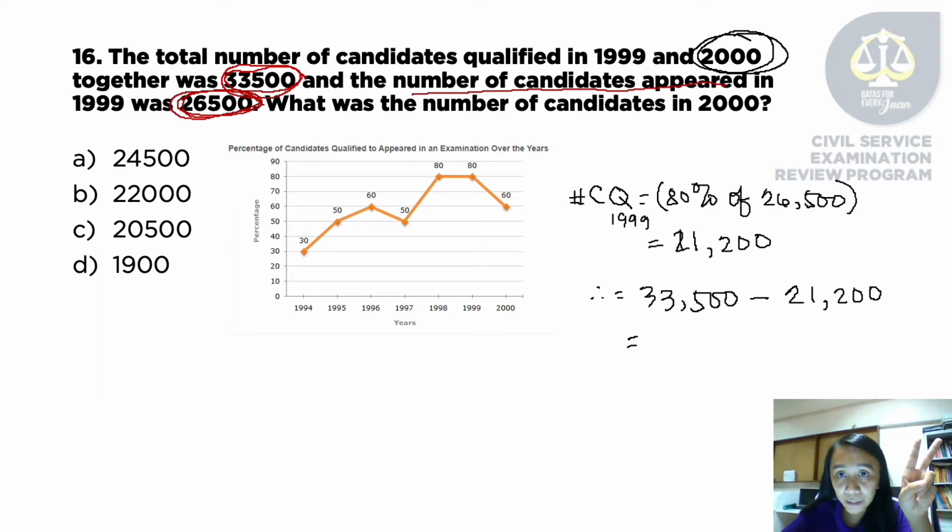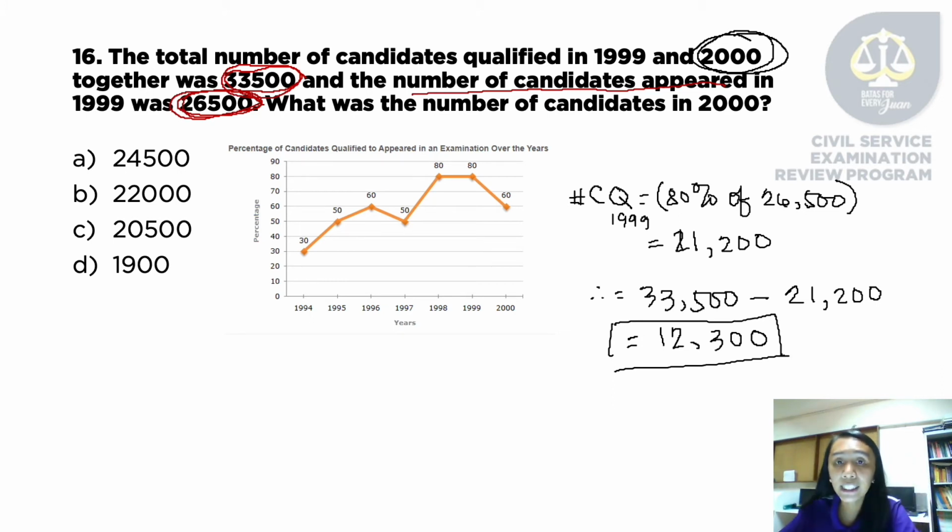That will give me the 2000 qualifiers, which is 12,300.